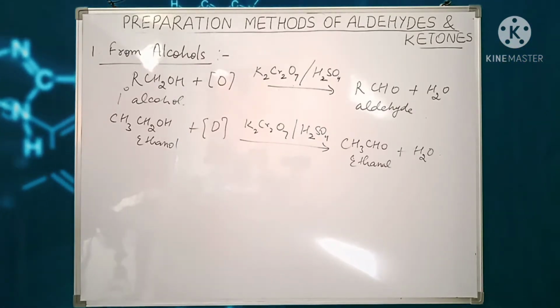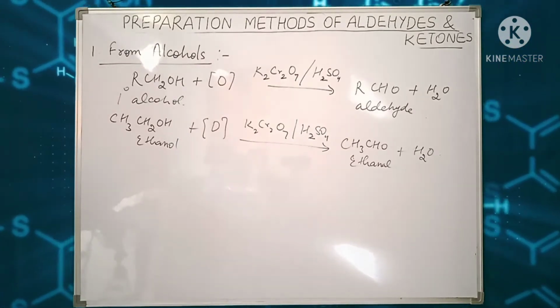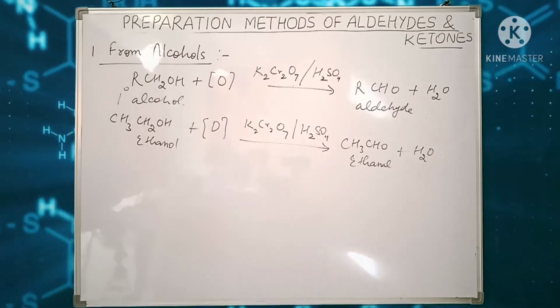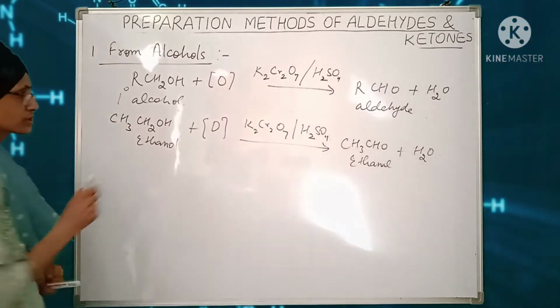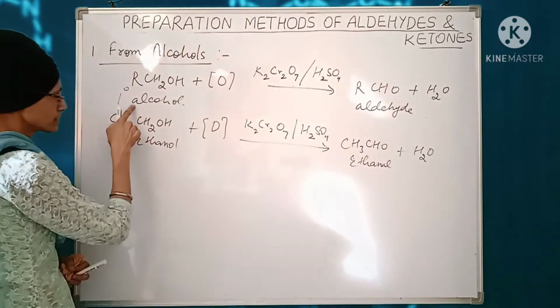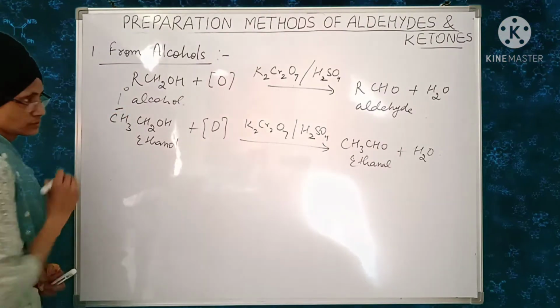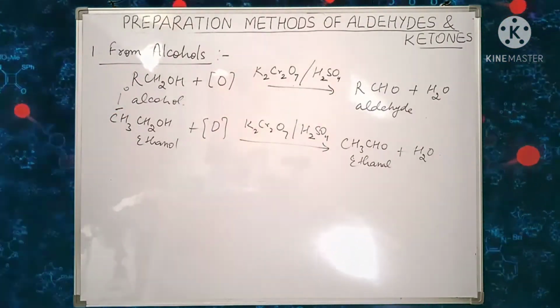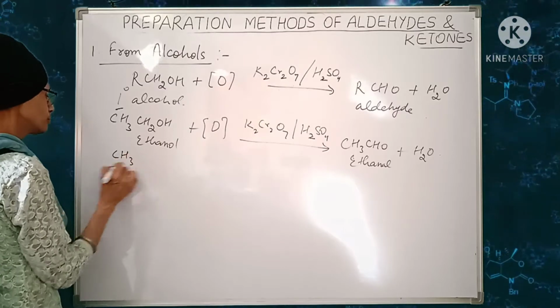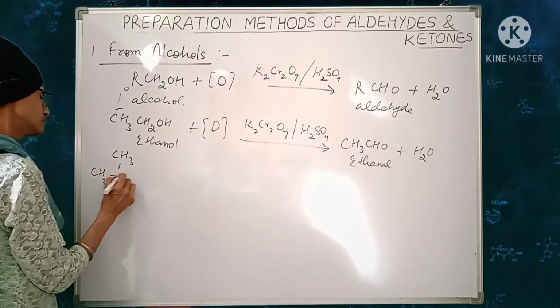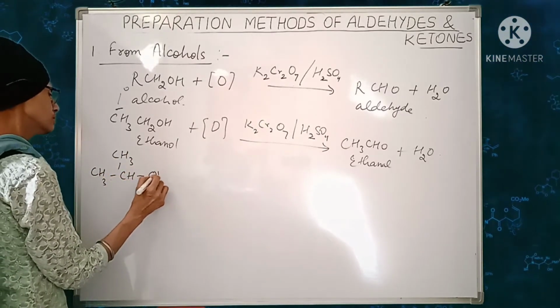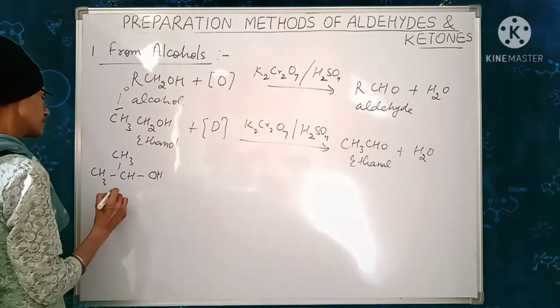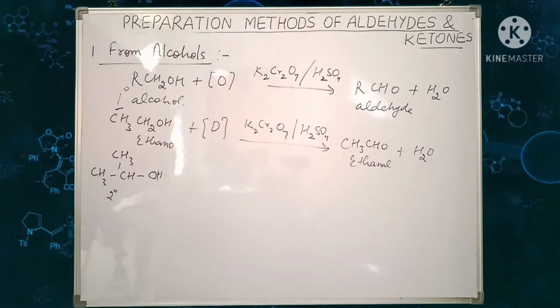Similarly, we can also get ketones from alcohols, but for preparation of ketones we have to take 2-degree alcohol instead of 1-degree. So here I am taking the example of a 2-degree alcohol.